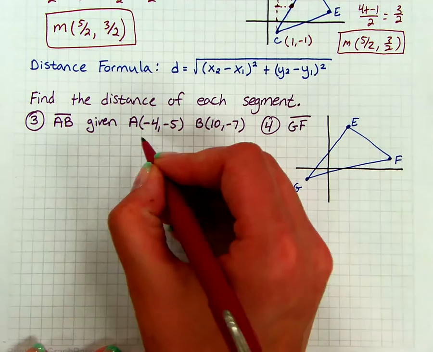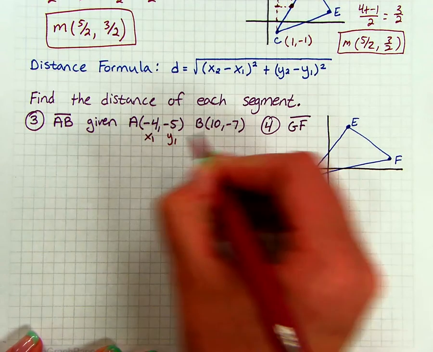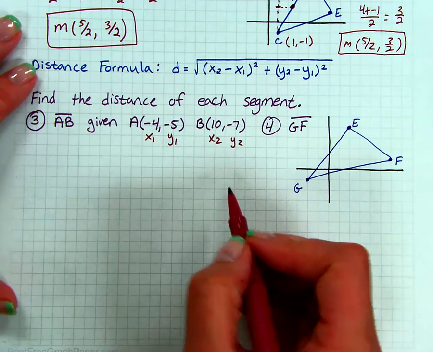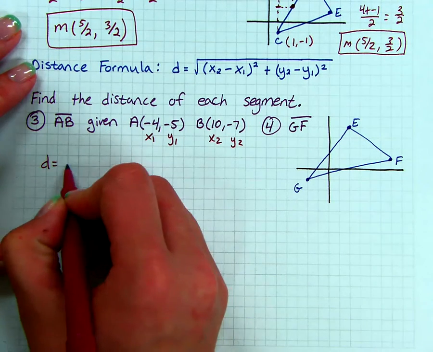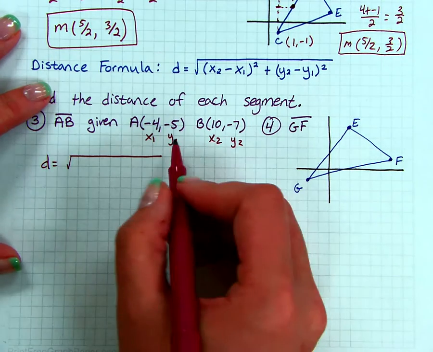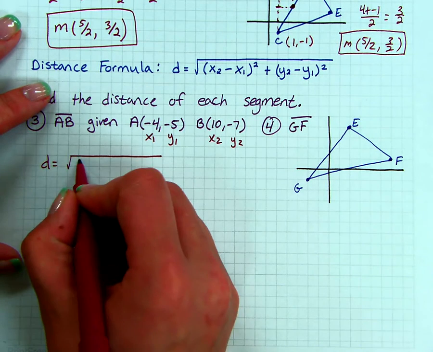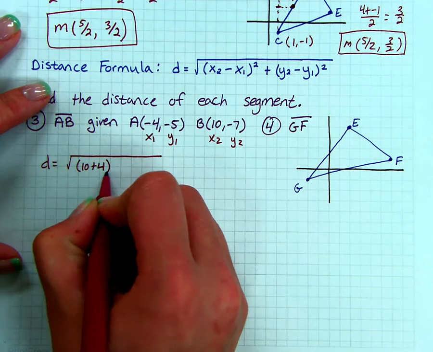Looking at this, this will be x1, y1, x2, y2. If I substitute them into this formula, we will have d equals the square root of, and we'll take 10 minus -4, so that's really 10 plus 4, squared.